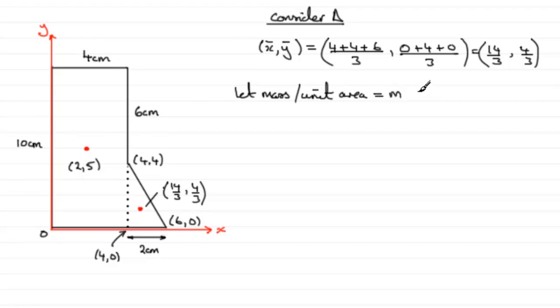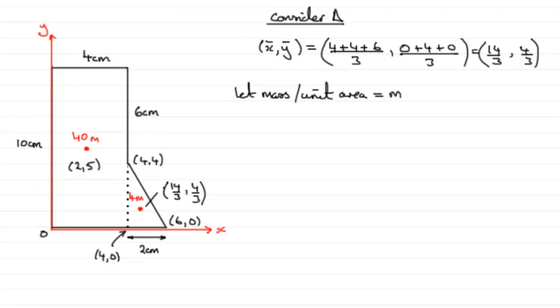I'm going to call it m, and that means that when it comes to the mass of the rectangle here, we've just got to work out its area, which is 10 times 4, 40 centimeters squared, multiply it by the m, and you've got 40m for that mass. As for the triangle here, we just got to do the base times the height, the height here is 4 units, and divide by 2. So we've got 2 times 4, which is 8, divided by 2 is 4. Times it by m now, and we've got 4m for that mass there.